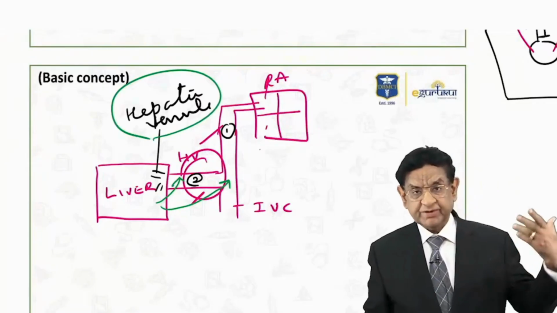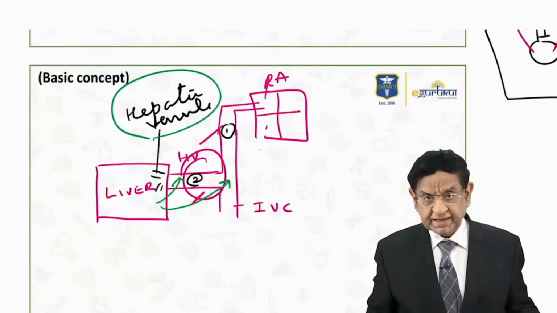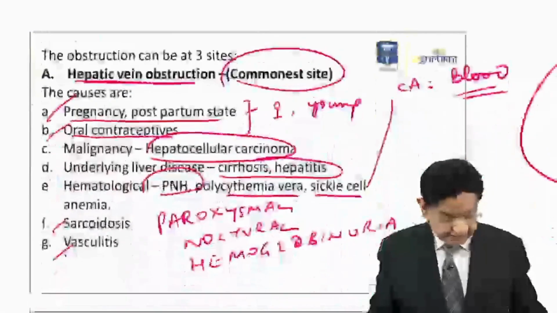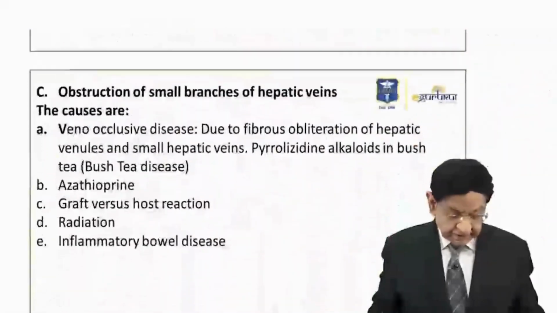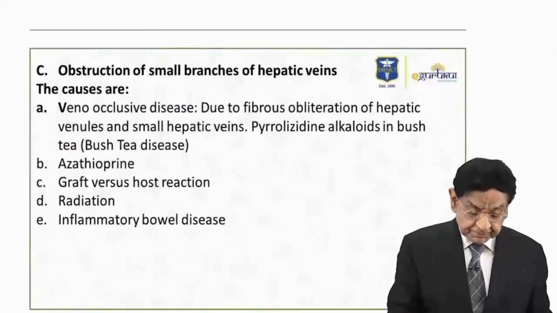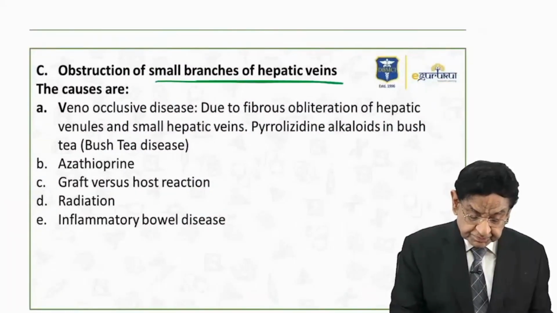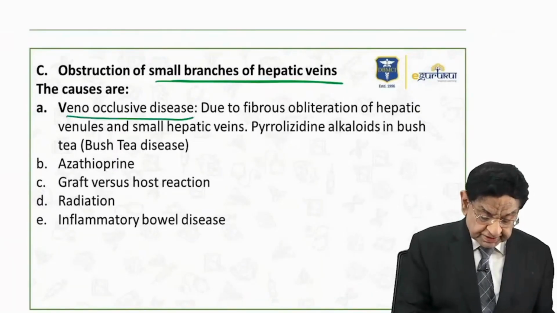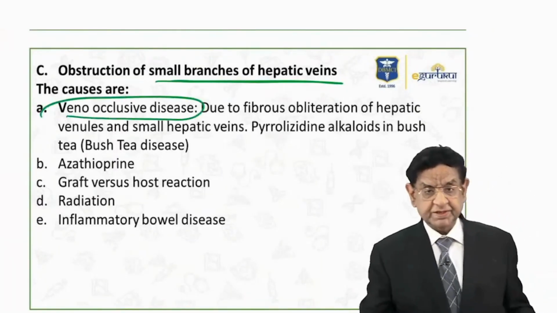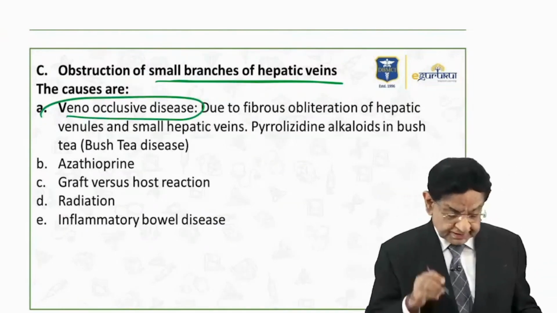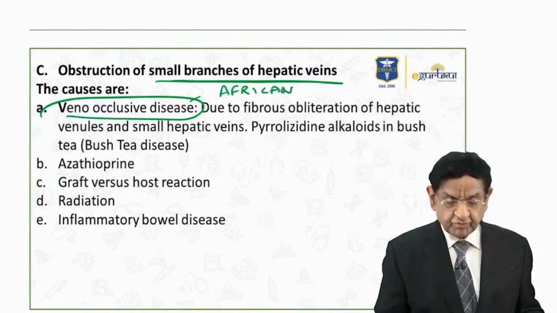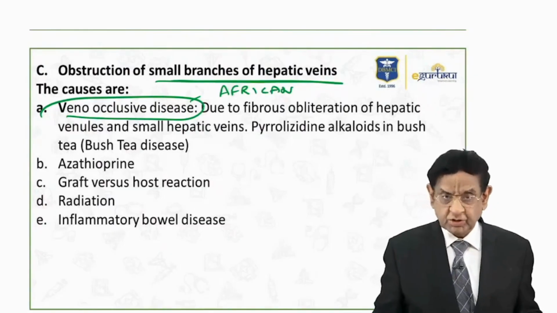These are the venules which have come out of the sinusoid and they are about to join the hepatic vein. Even they may be involved. So, small hepatic venules. This is veno-occlusive disease. It's a very important condition. Although it is seen in only some part of the African countries, but it's a very widely asked question in the exam, so I'll talk more.